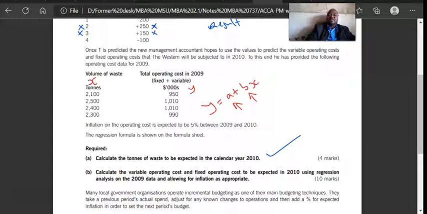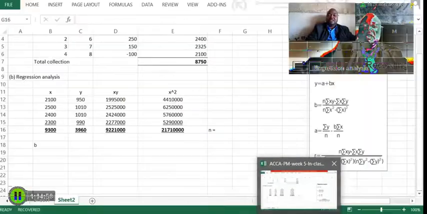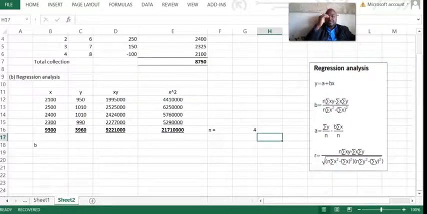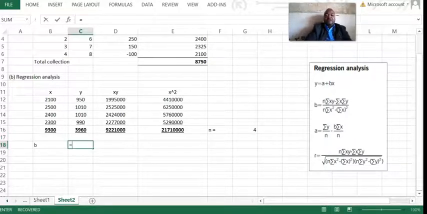Period number 1 we've got 2.1, period number 2 2.5 times, period number 3 2.4 times, period number 4 2.3 times. So that's our N is 4. So we just plot in 4 here. All right.